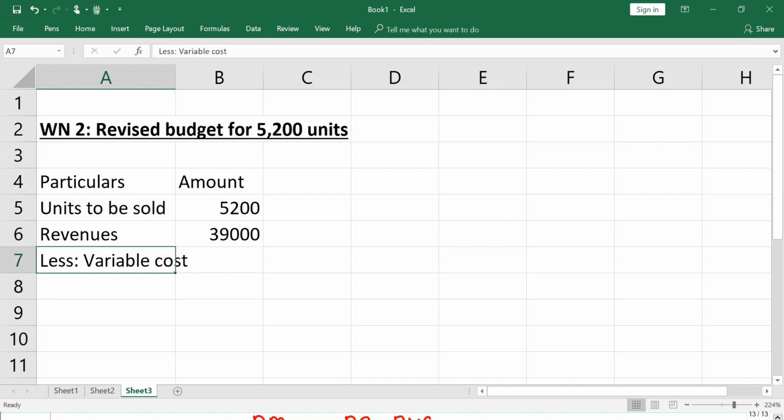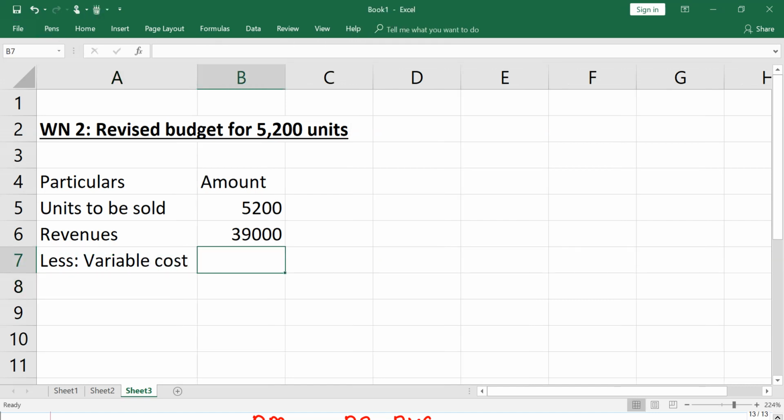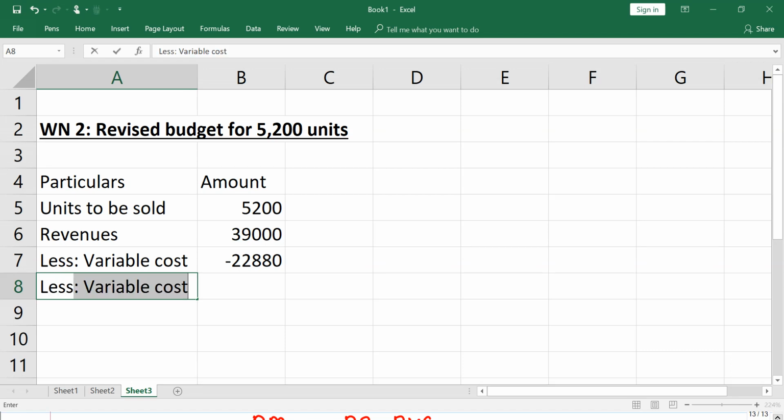Variable cost: 5200 into 4.4. Fixed cost: 5250.